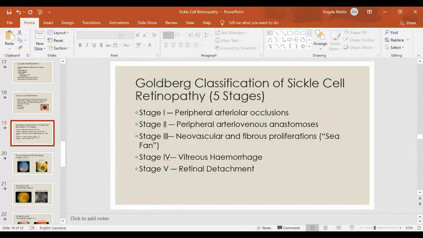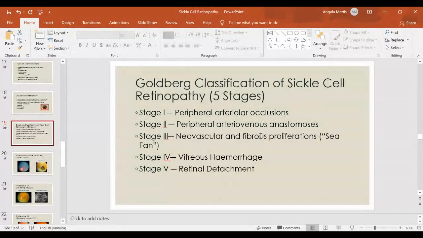So when we look at the retinopathy now, Mr. Goldberg classified it. And this is, well, any book you open, you see the 5 stages of the Goldberg classification. In the Goldberg classification, we have stage 1, where there's peripheral arteriolar occlusions.